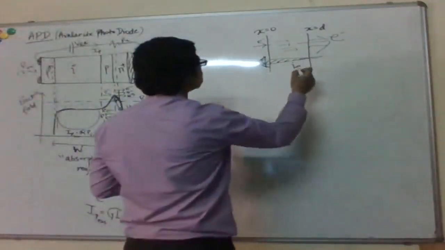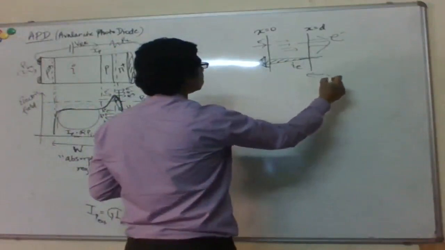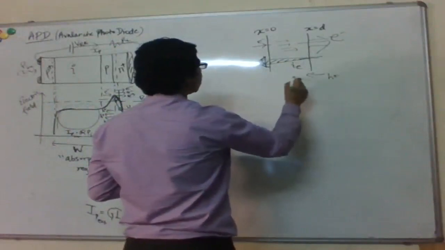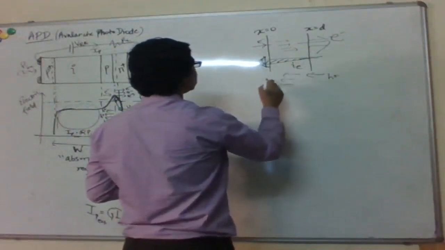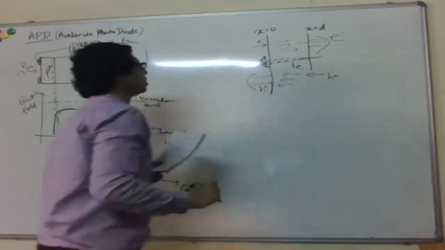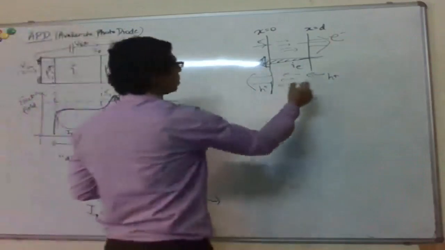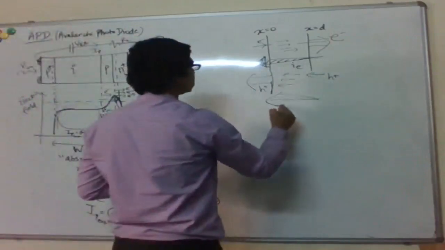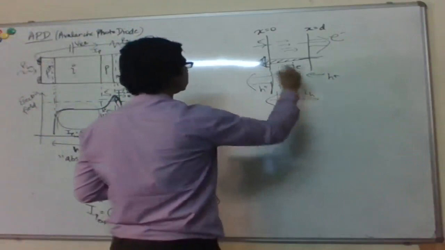You have holes going the other way. So again, holes going like that and then creating more holes, so that now you have many more holes on the other side. And you can see that the hole current is also like that, in the same direction as the electron current.